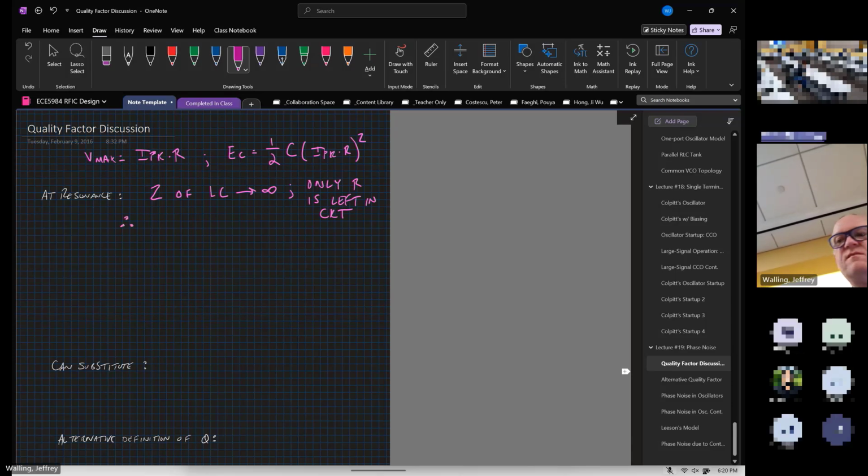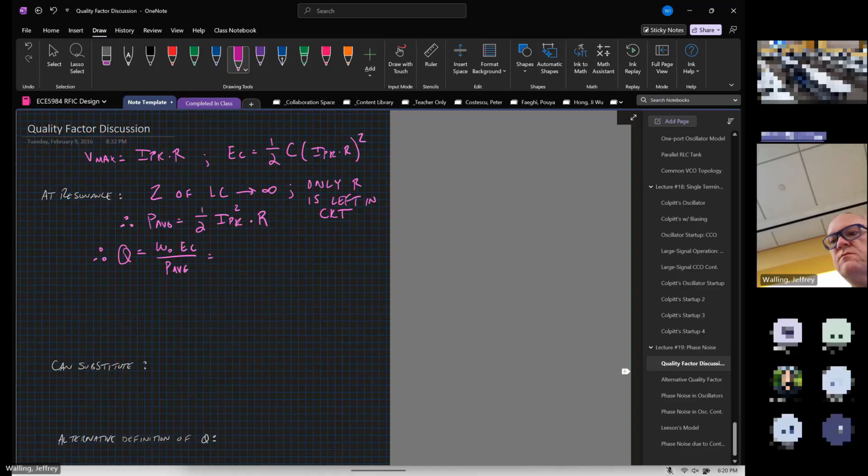So at that point, we can figure that the average power, P average, is equal to 1/2 I peak squared times R. So voltages and currents are in phase. We deliver power to the resistor. That's the power that we're going to deliver. So going back to our definition for Q from a moment ago, Q is equal to omega naught times EC over P average.